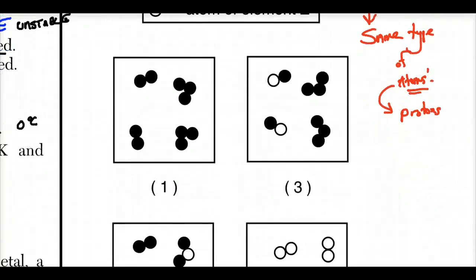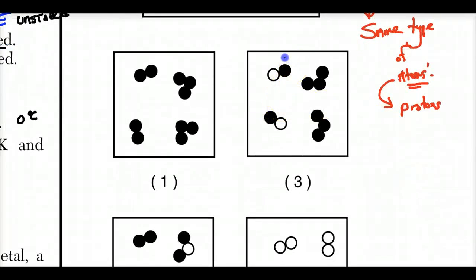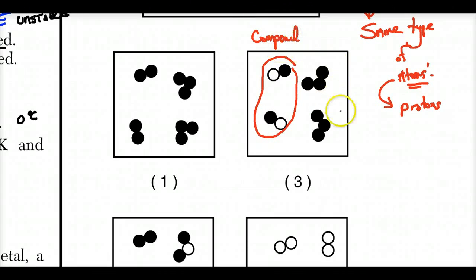So here we go. This is a compound, a group with the same type of molecule. This is an element. It's a group with the same type of atoms. This could be like O3. This could be HCl. Two different capital letters, two different elements bonded, give you a compound.